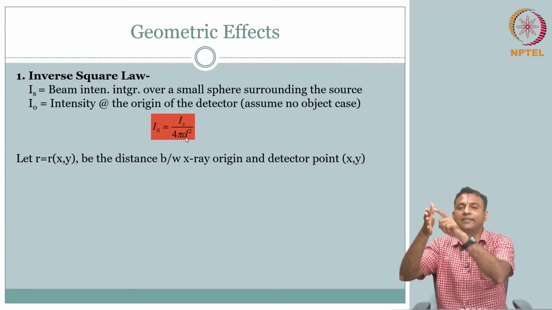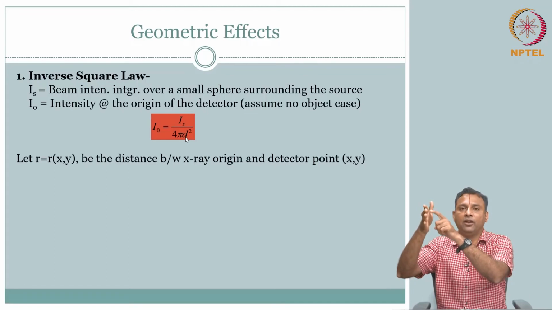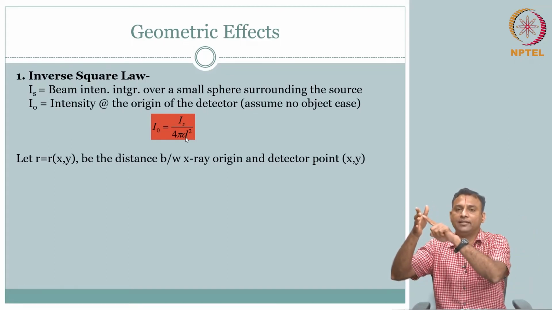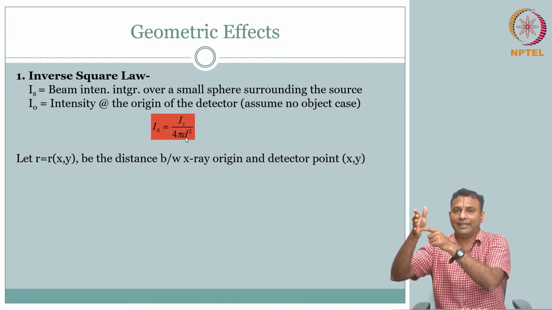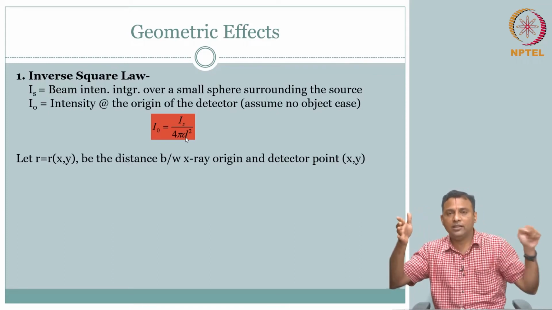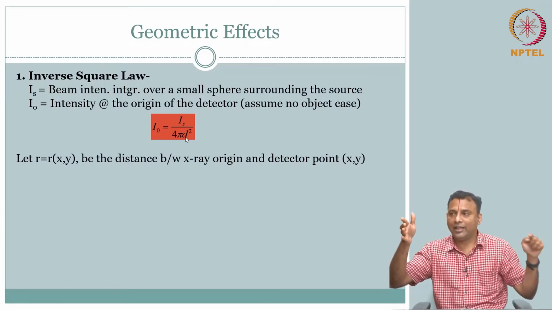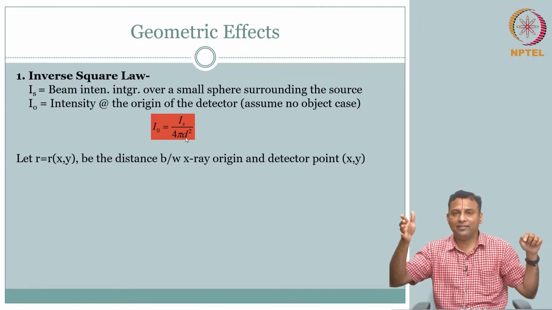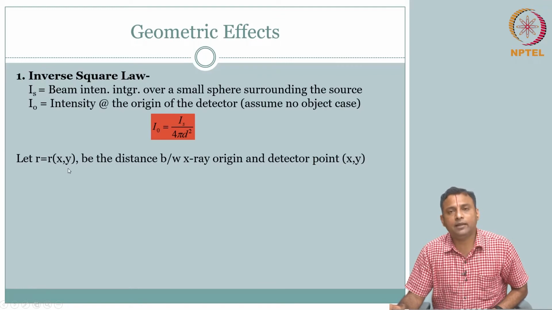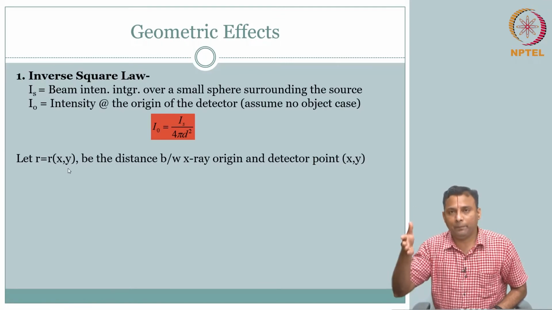Same thing: measure the distance of this point from the source. You have the center of that plane, a distance to the center of the plane, and then you could use the d to calculate this diagonal. So let R be R of x comma y, a point in the plane of the detector.